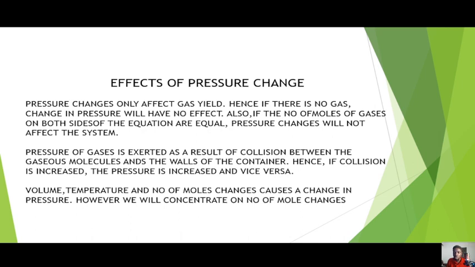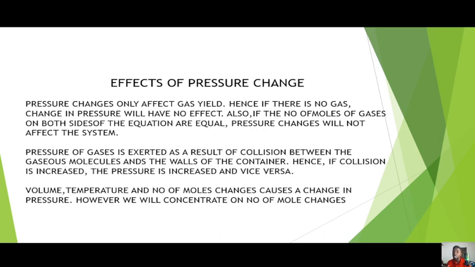Now, with this said, you will notice, as you can see on the screen, pressure of gases is exerted as a result of collision between the gaseous molecules and the walls of the container. Hence, if the collision is increased, the pressure is increased and vice versa.